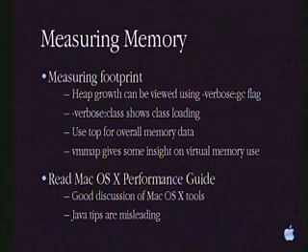Other than that, you can watch the heap as it grows and shrinks using the verbose GC flag. As we mentioned, verbose class will show you classes as they get loaded. You might see classes getting loaded before you think you should be using them, and that's an example where you should go in and pinpoint why they're getting pulled in, and maybe you can load them a bit later.